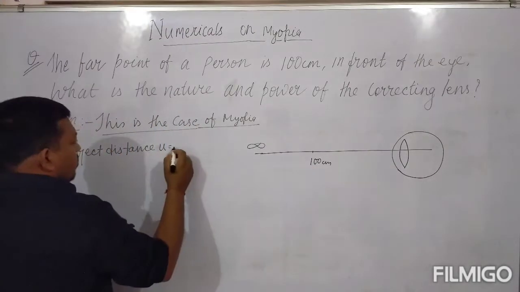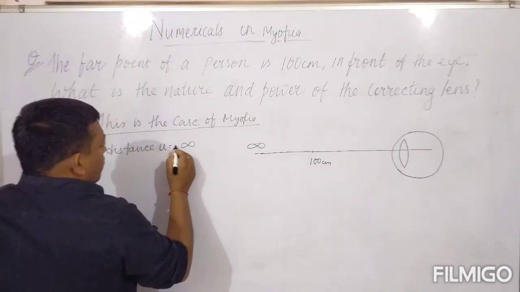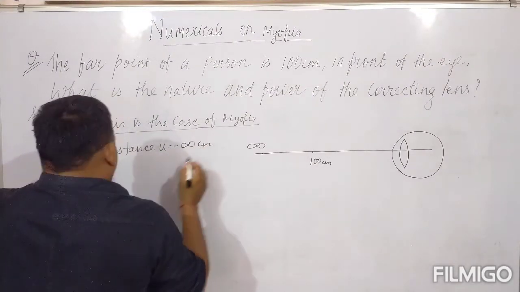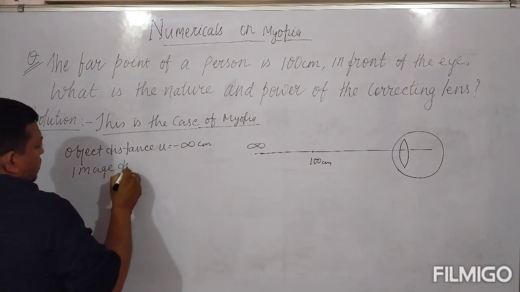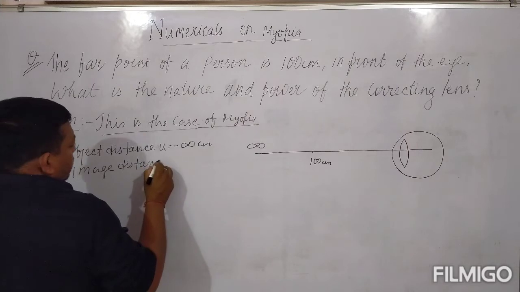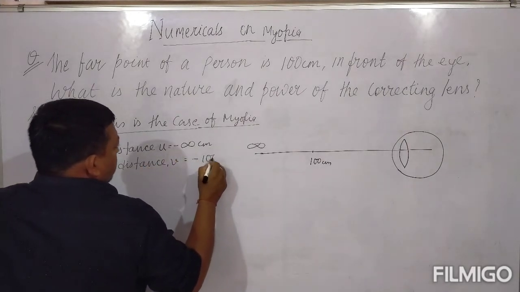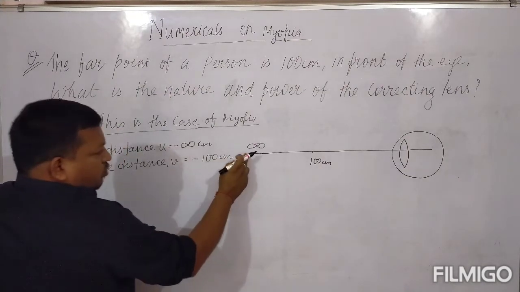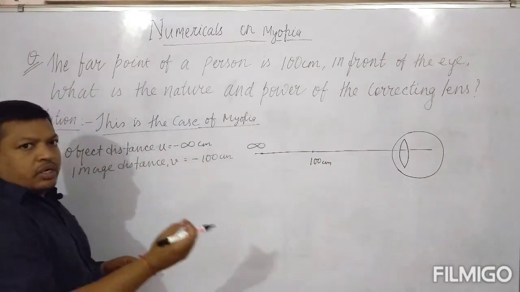So object distance u will be infinity. Using sign convention, this will be minus infinity centimeter. And image distance v is minus 100 centimeter. The image of objects at infinity is formed at minus 100 centimeter in front of the eye.